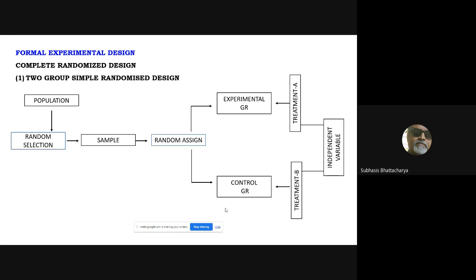The design of experiment is quite common in research studies, and the merit of such a design is that it is simple and randomized among the different samples. So this is the two group simple randomized design.